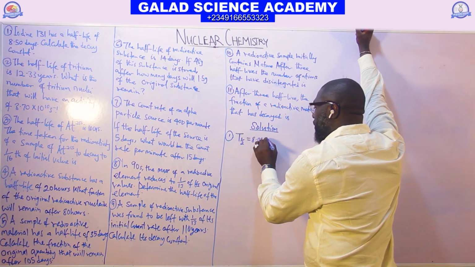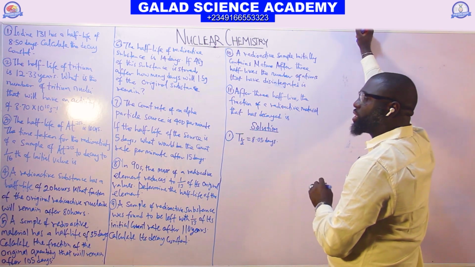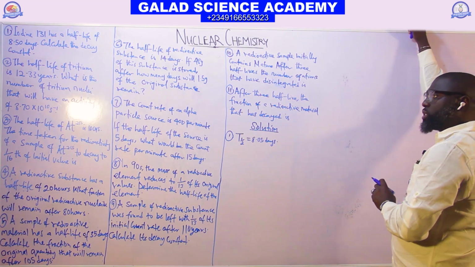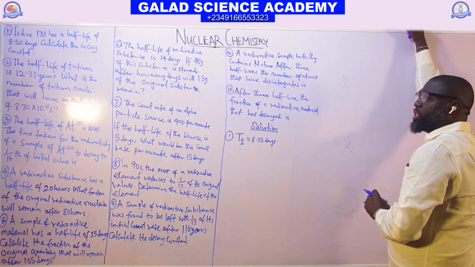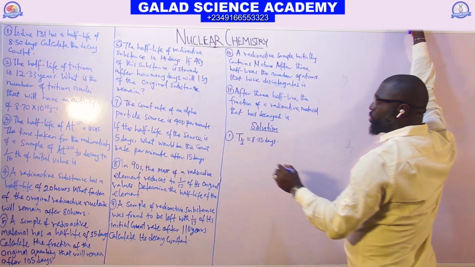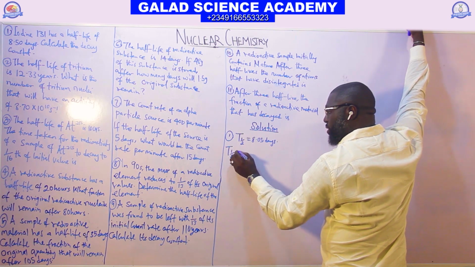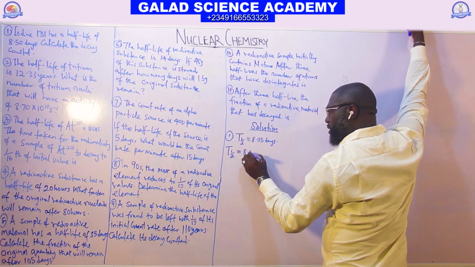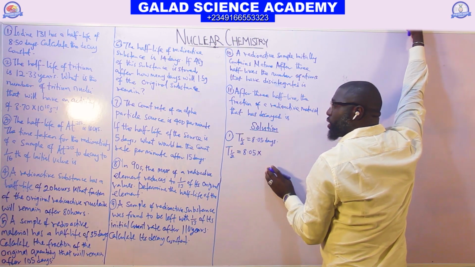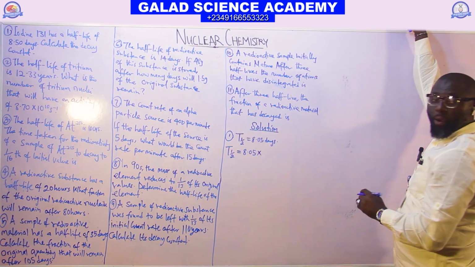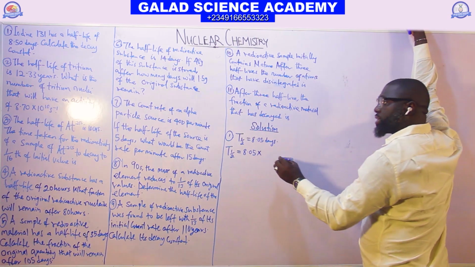So the half-life given there, T for the iodine, is 8.05 days. We need to convert it to seconds. In seconds, the half-life of 8.05 days: how many hours do we have in a day? 24 hours.